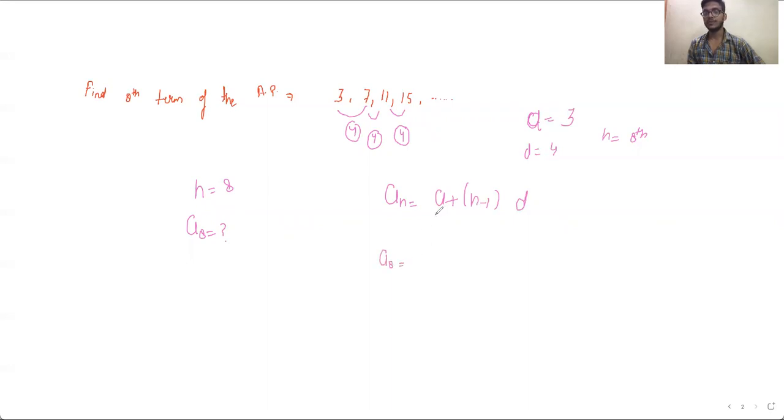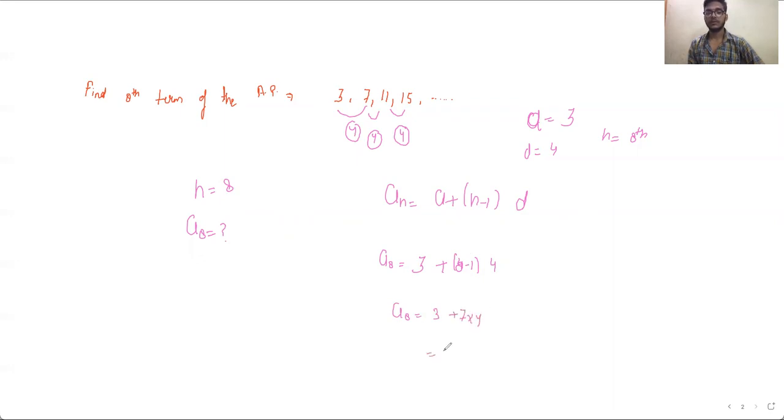Put these values: a equals 3 plus n minus 1 into d, where n equals 8 and d equals 4. So a8 equals 3 plus 8 minus 1, which is 7, into 4.